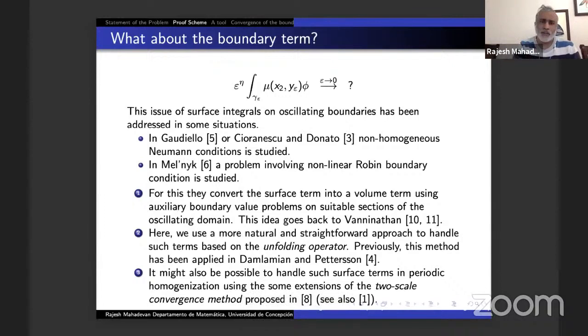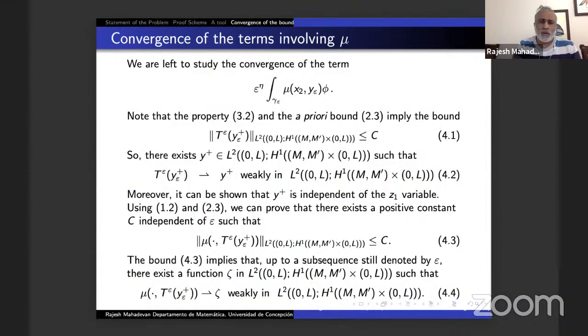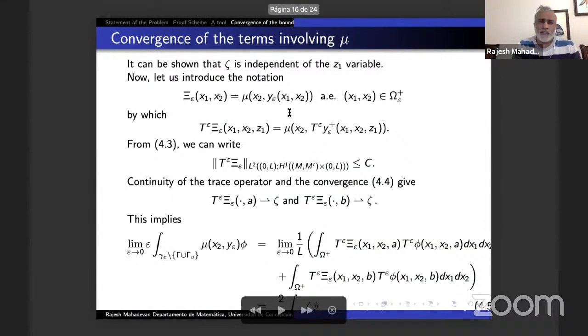You take this function, which is on the oscillating part of the domain, and then you do the unfolding of this function mu of x2 by epsilon, and by what we saw, you can show that this is probably... the space is probably a bit confusing here. Maybe it's true.